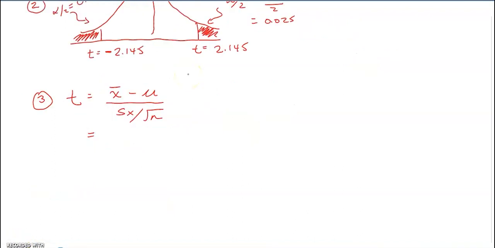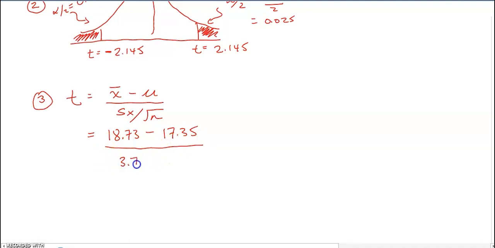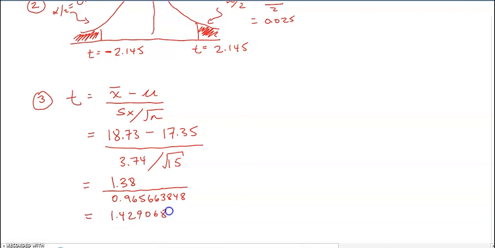So from the question, it was 18.73 minus 17.35 divided by $3.74 and divided by the square root of the sample size, which was 15, and I got the following values, which then gives us 1.429068721, and now we can round to 3 decimal places, so approximately 1.429.